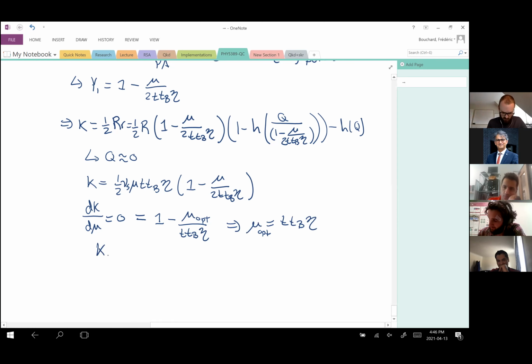Now let's look at what that key rate would be equal to: mu opt T TB eta, and then you get 1 minus 1/2. That's 1/2. That makes sense. I'm going to write it down.